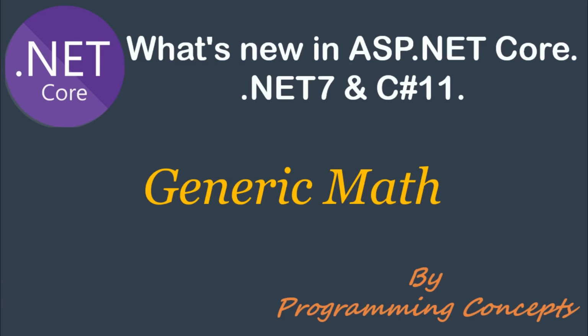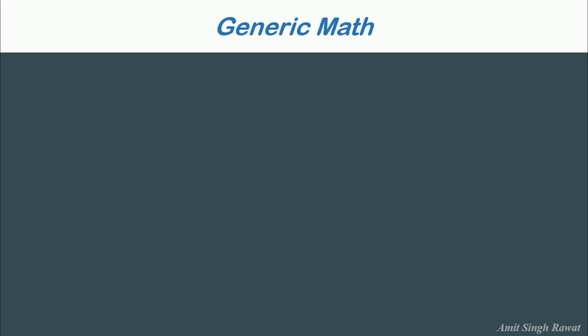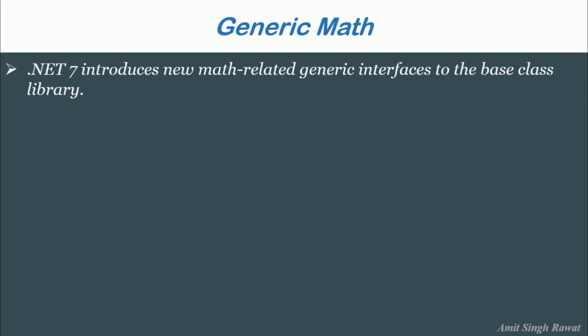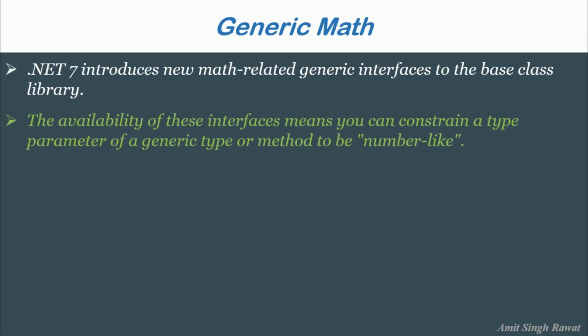Alright, first let's see what Microsoft has to say about it. As per Microsoft, .NET 7 introduces new math-related generic interfaces to the base class library. The availability of these interfaces means you can constrain a type parameter of a generic type or method to be number-like.